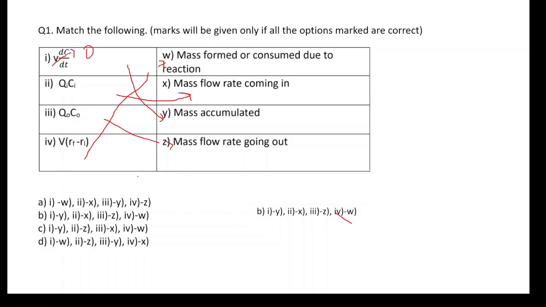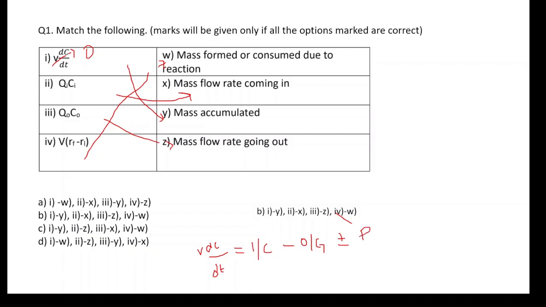But normally, this is the first equation that we write for anything. V dC by dt is equal to incoming minus outgoing plus or minus reaction.